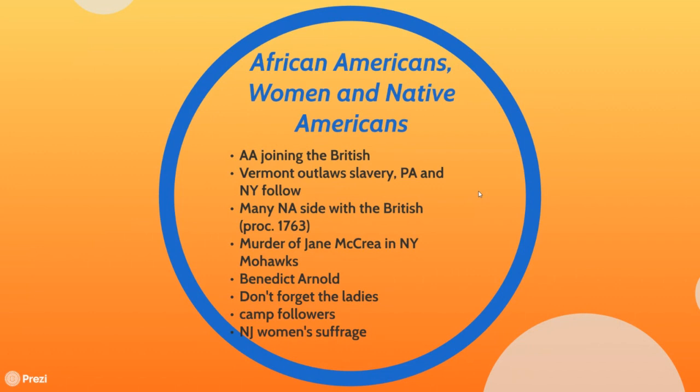Benedict Arnold and his family in British Canada, he thinks they're going to be welcomed with open arms, but they're viewed with suspicion, right? He's not given any commands in the British Army. He's kind of seen as a pariah because once a traitor, always a traitor. Why are they going to look at him as anything other than that?